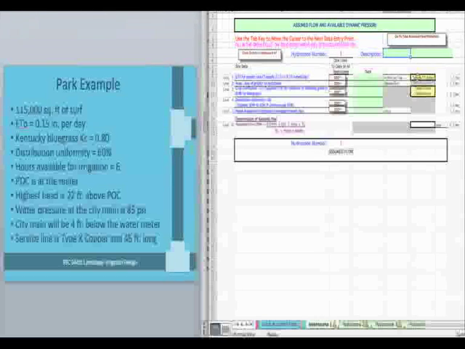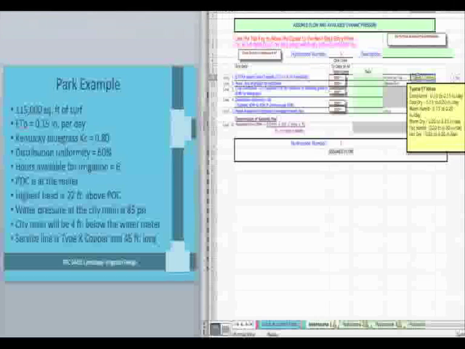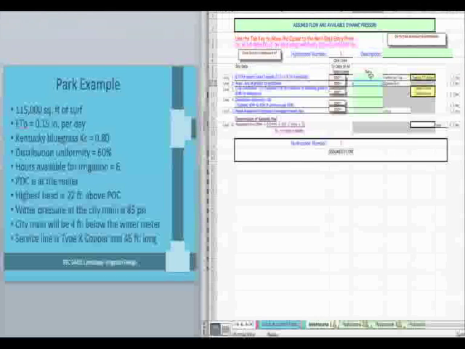Now you can also click on this particular cell, it's called typical ET rates, and that allows you to look at a range of ET rates for climate situations ranging from cool, humid to hot, dry. I didn't say so in the example, but we're considering this as a cool, dry climate, so we're going to use a reference ET of 0.15. So I'm just going to hit 0.15, enter.